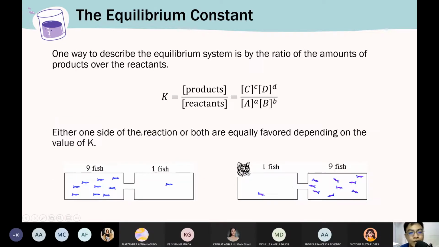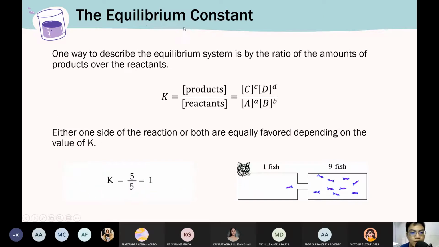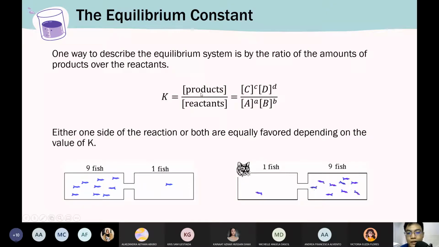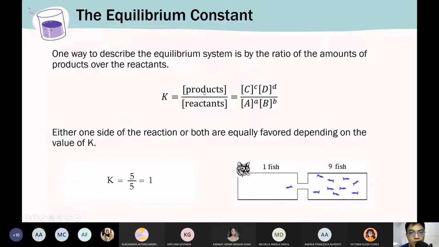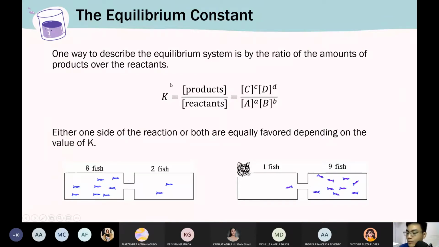Quantitatively we can measure the extent of an equilibrium system using the equilibrium constant K, and whatever the K value is, it can tell us whether everything is equally balanced or one side is more favored than the other. Remember we have three possible values for K.